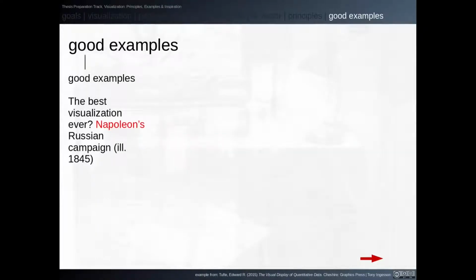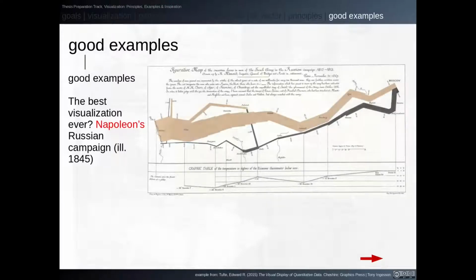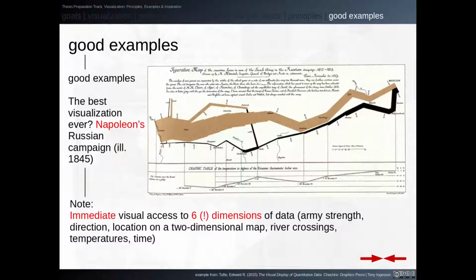And this is perhaps, according to Tufte at least, the best visualization ever made. This shows Napoleon's Russian campaign, and this illustration is from 1845. What is so remarkable about this illustration is that it gives you immediate visual access to no less than 6 dimensions of data.